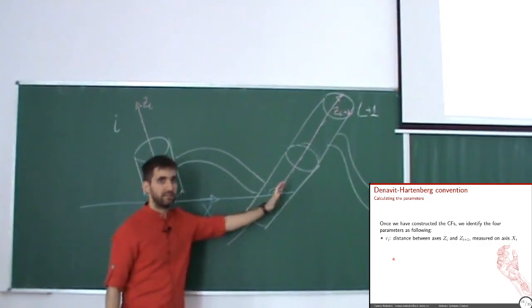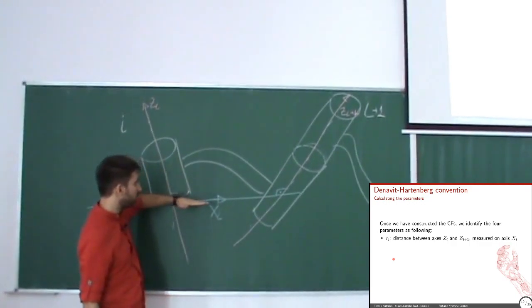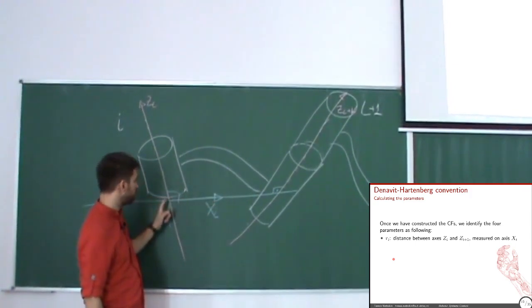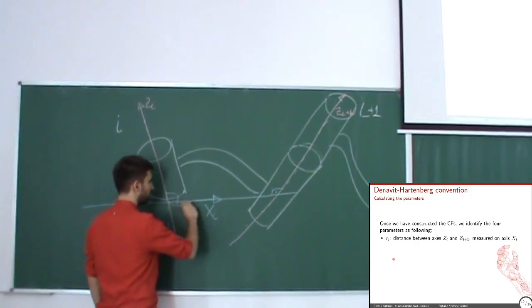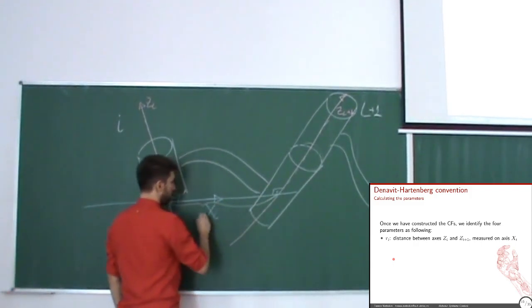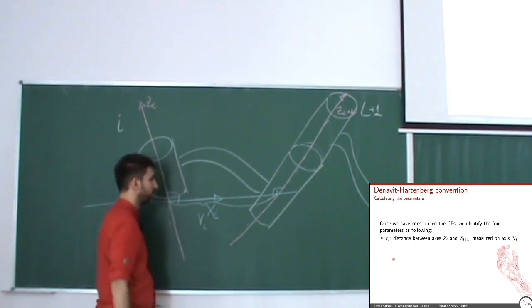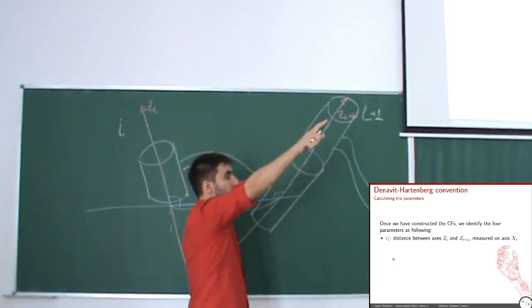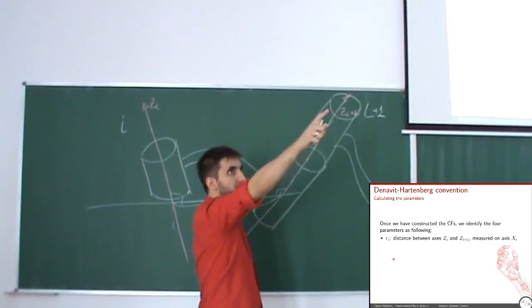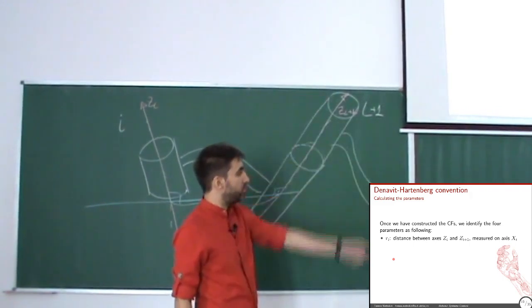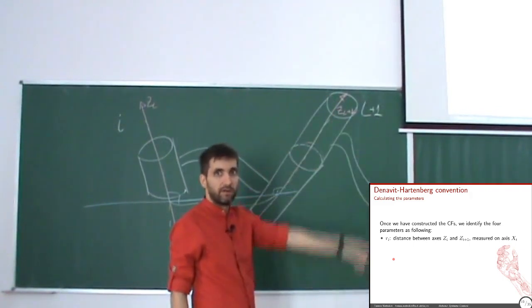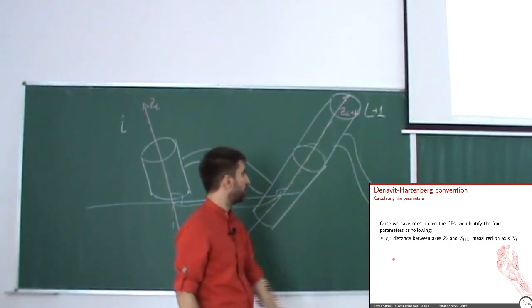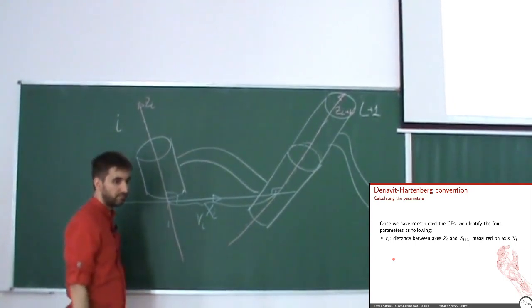I want the distance, but along this direction. So this distance here. This will be the ri. In this case, where I have this perpendicular, the distance would be the length of this common perpendicular, right? Along the xi.